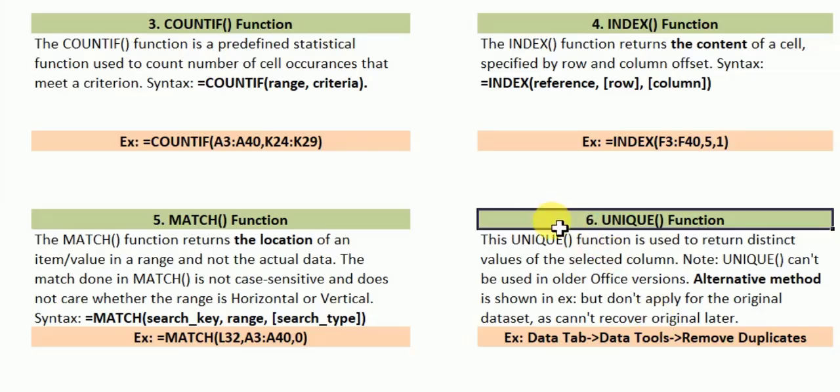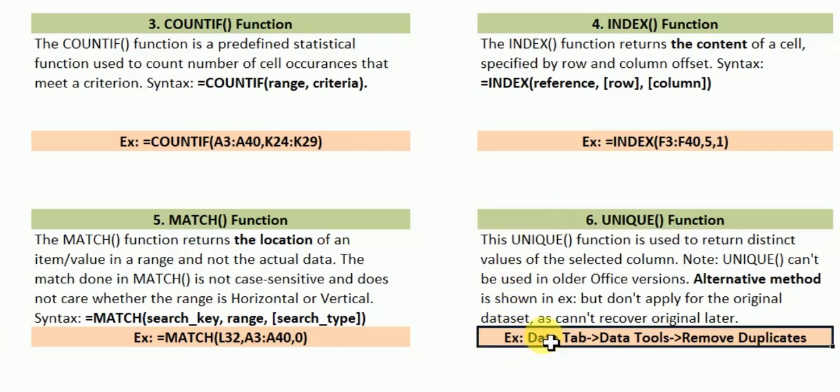This function is also implemented in the higher Office versions. In the older versions, we have a built-in feature to implement this, but by using this feature, we should be a little careful, as it will replace the original data. The original data is replaced by the result generated from the feature.